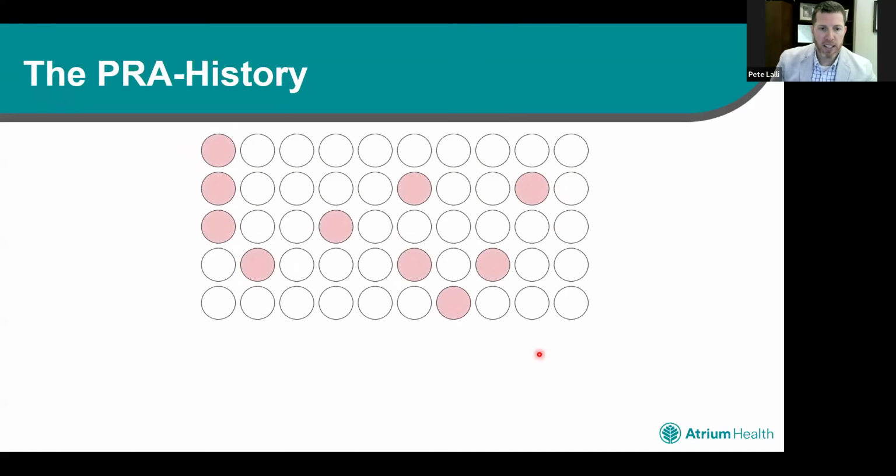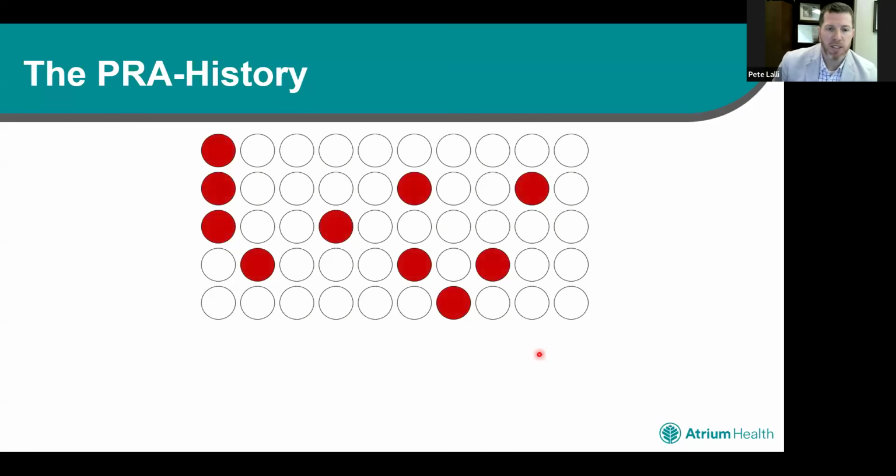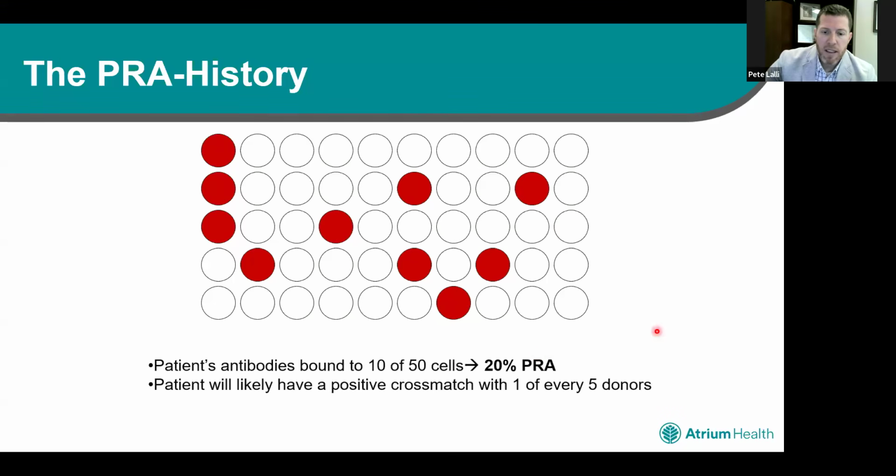So if we look at this case, we have 50 different donor cells, we mix it with our recipient serum, and we see that 10 of those donor cells caused a reaction with our patient's antibodies. So what that tells us is this patient had a 20% likelihood that they were going to have a positive cross-match.